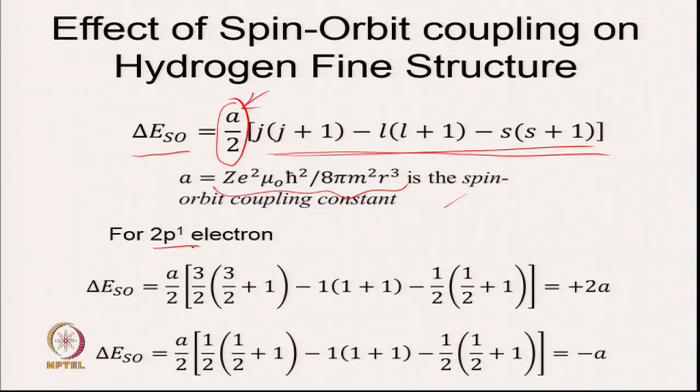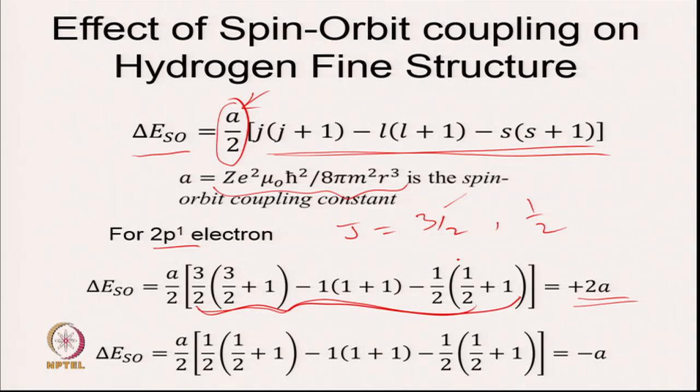So, for a 2p1 electron, J can be equal to 3 by 2 or half, that is what we saw. When J is equal to 3 by 2, you calculate j j plus 1 minus L L plus 1 minus S S plus 1, and what you will get is plus 2A, since L is equal to 1.